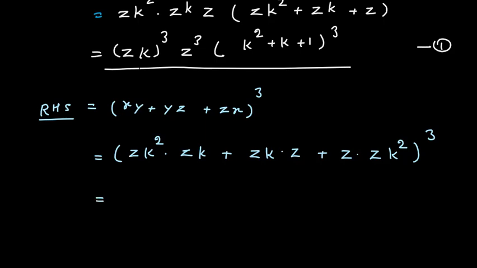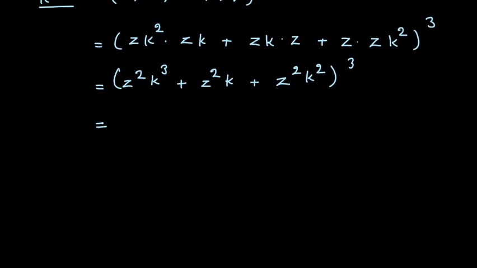So zk square into zk is z square k cube, plus z square k, plus z square k square, and this is the whole cube.